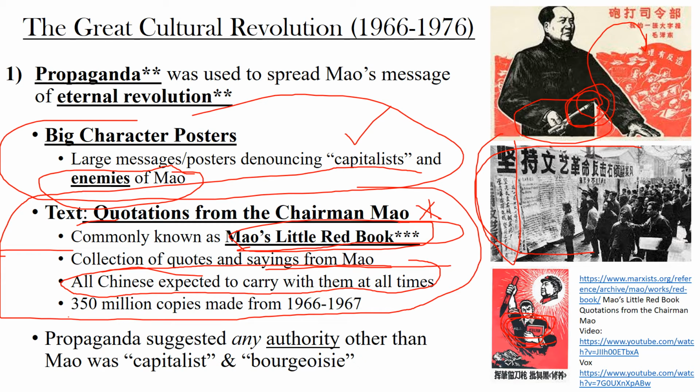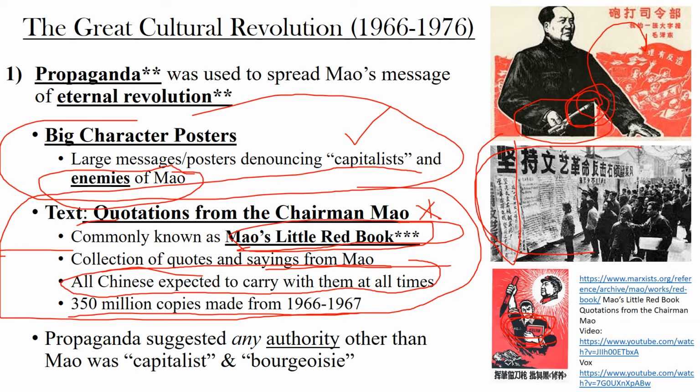They made 350 million copies within 1 year, and they were just handed out to everyone. And not carrying this with you was seen as a sign of being a traitor and an enemy to the glorious leader Mao, and you could be beaten or even killed for not having this on you at all times.